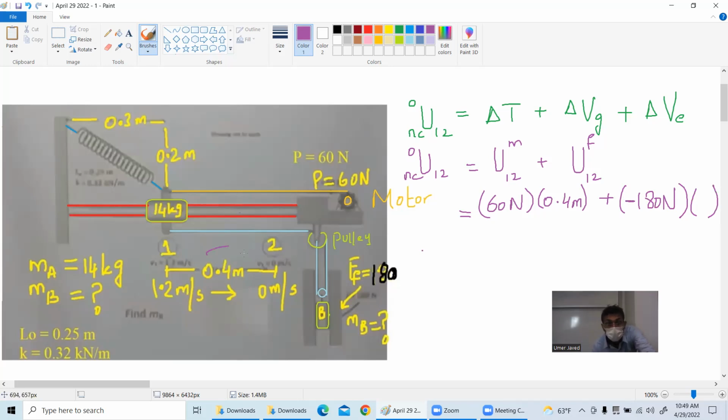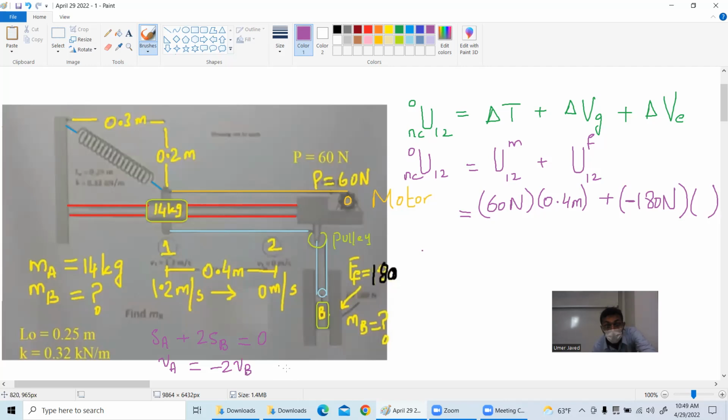And if this distance is 0.4 meter, then SA plus 2SB equal to 0. And then we have VA equal to negative of 2VB.